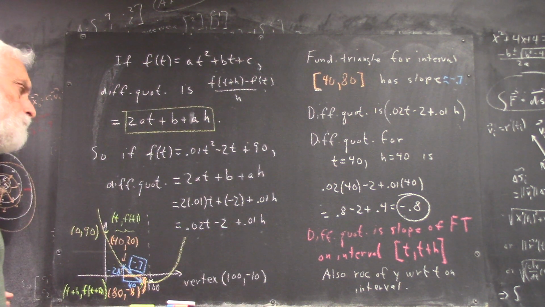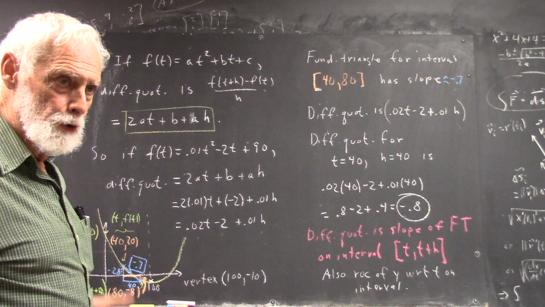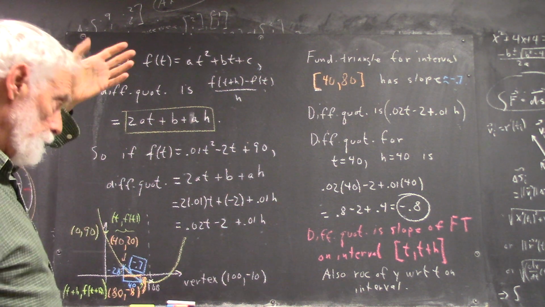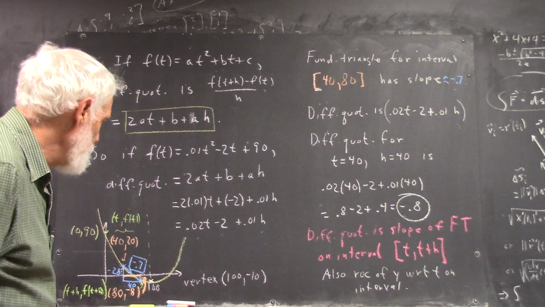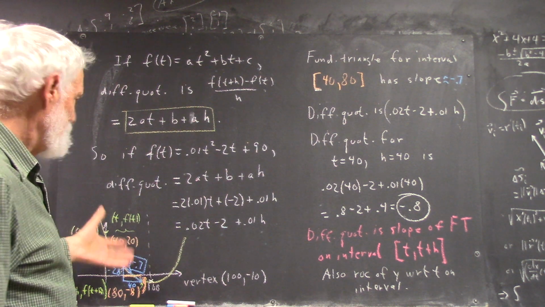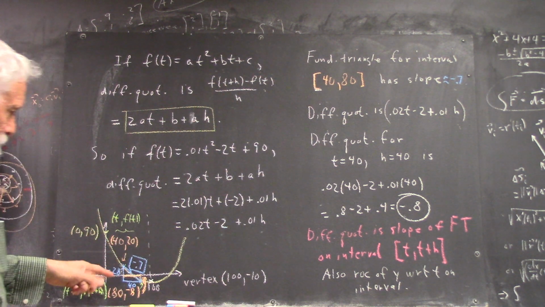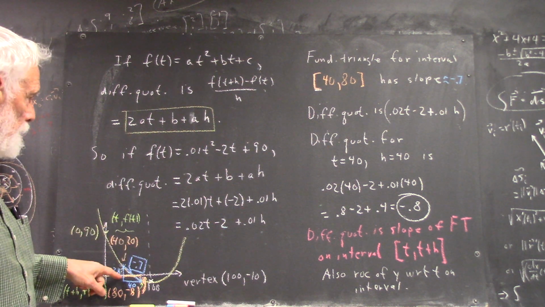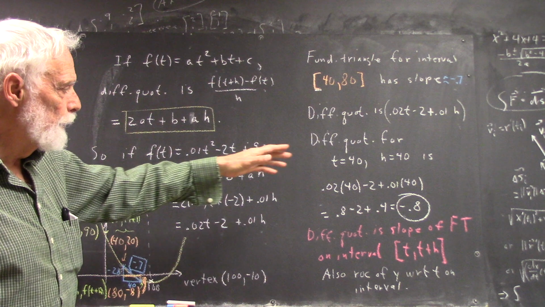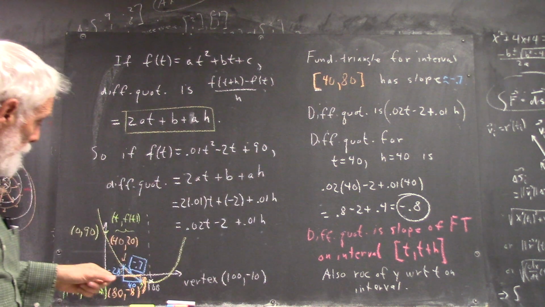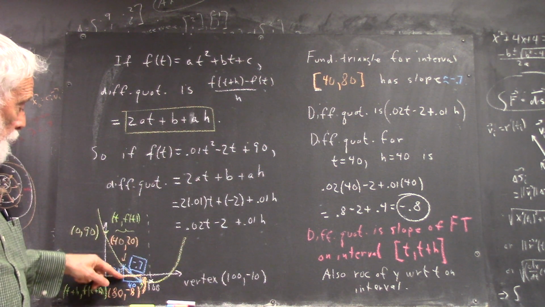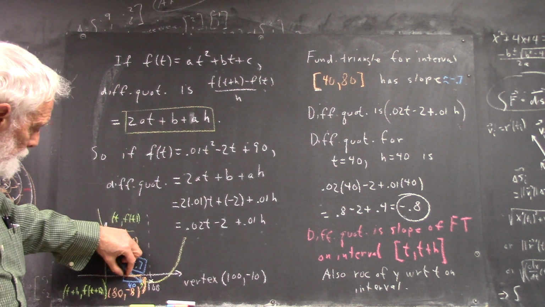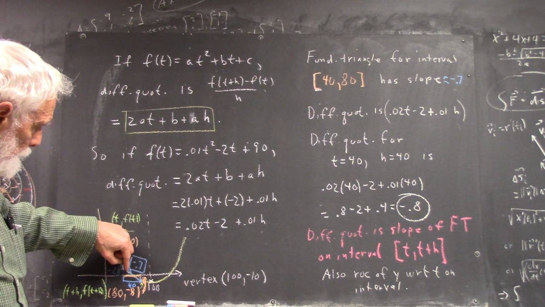Now, I said I was going to show you some calculus, so I'm just going to briefly establish that. If we do this over a shorter interval, like let t equal 40 and h equal 10, what would that look like? Well, if this is 40, 10 is about this much, so we would be doing a small fundamental triangle right here.